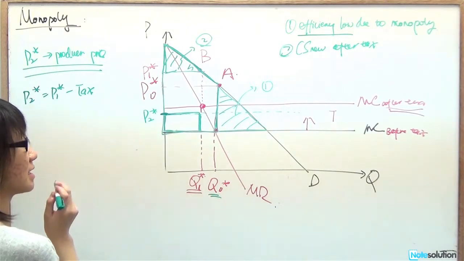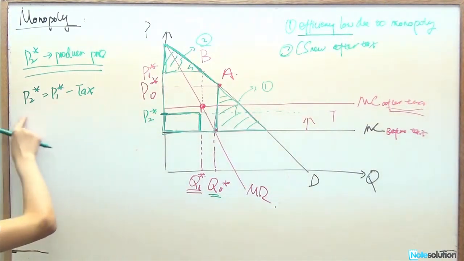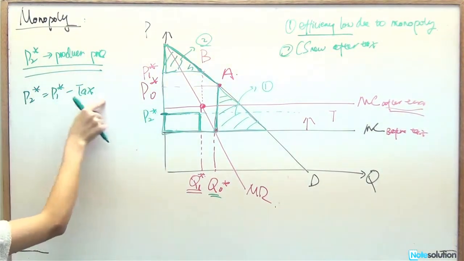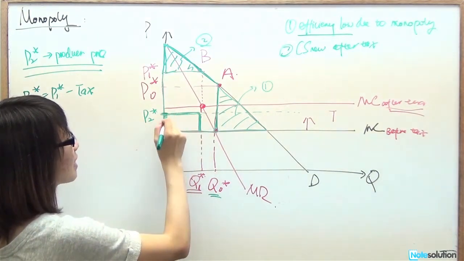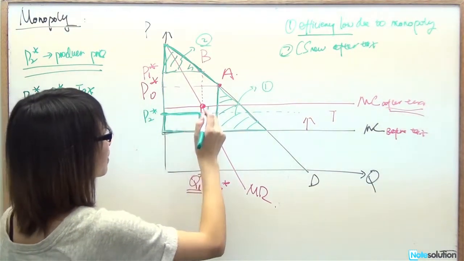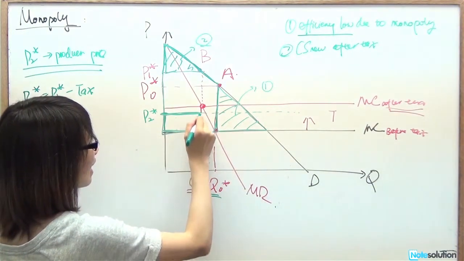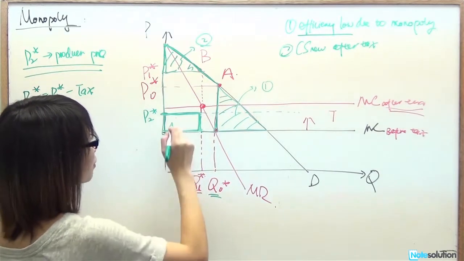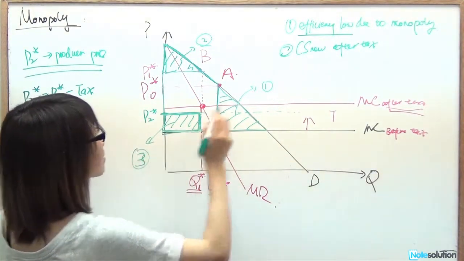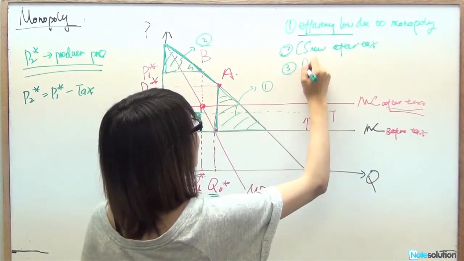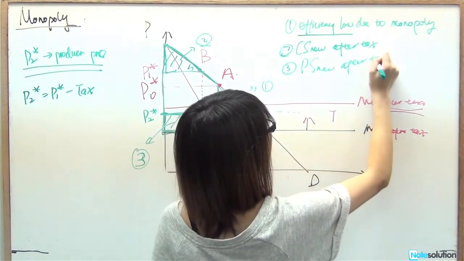Then let's look at the new producer surplus after the tax. The producer's price is what the producers can keep, so they only keep P2. The area between P2, the supply curve, which is a horizontal line here, and the units of Q1, which is part 3, is the new producer surplus after tax.